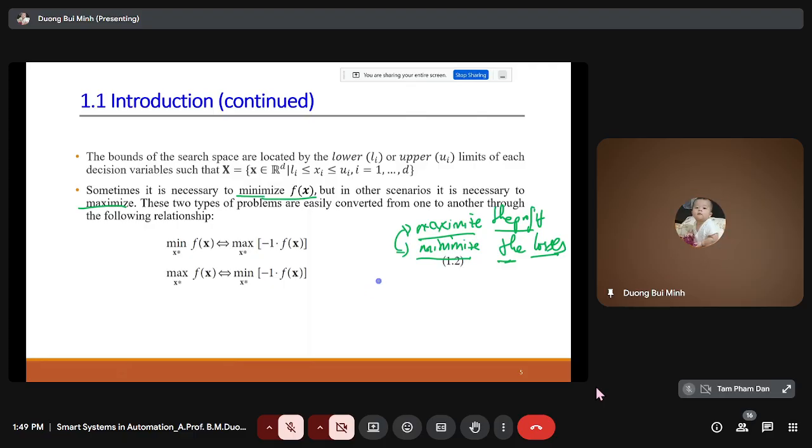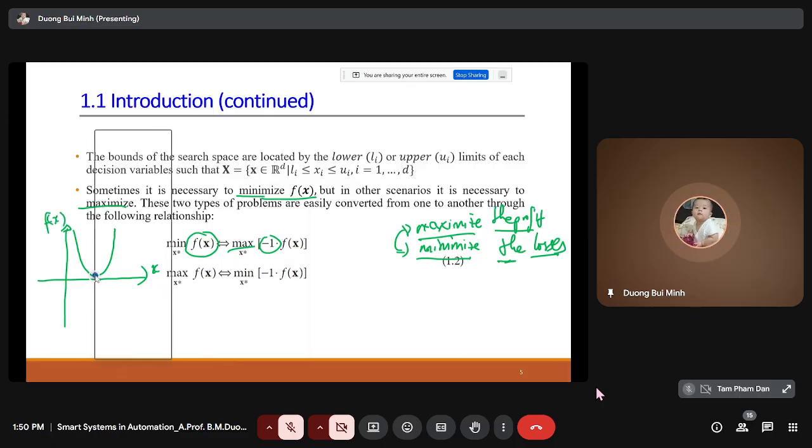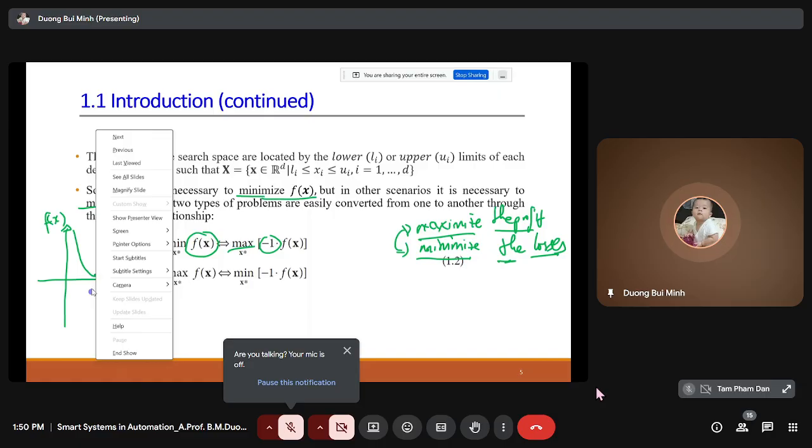For example, if we have min f(x), you try to find the best solution to minimize f(x). If you times by -1, times f(x), you get maximize. Here we have f(x) in one dimension, and this is the minimum.